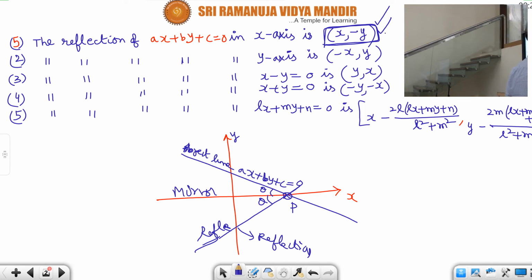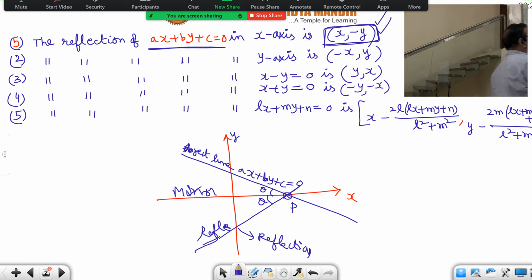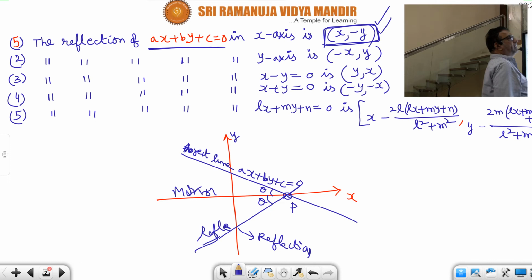This point, we have to substitute in this line. Then that is the answer. That's all. Same method for all the remaining formulas also. Understood? For a point, whatever is the formula, that formula we have to substitute in the line. That's all. So what is the formula? Tell me.